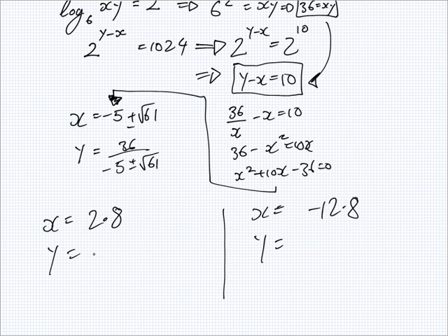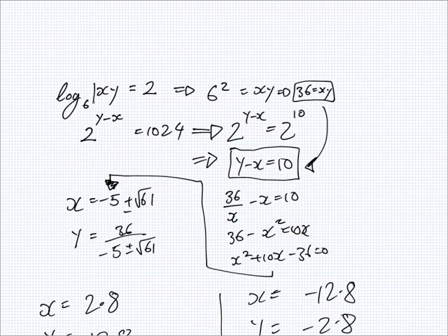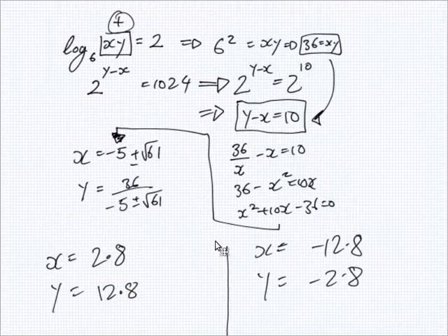What are the y's, please? Minus 2.8. Are these answers both fine or only one of them is fine? Both are fine. Because remember at the very beginning we only needed x times y to be positive. So as long as this is positive it's okay, and that works for that one.